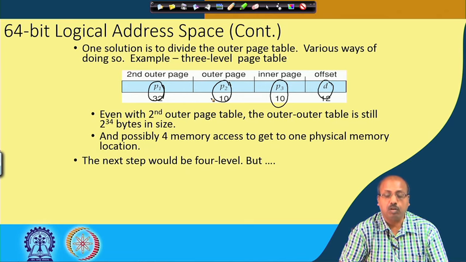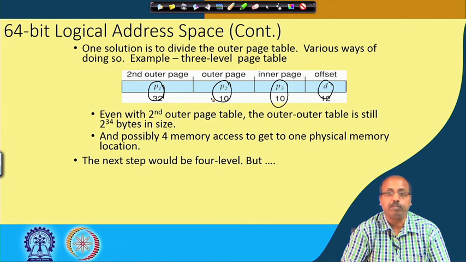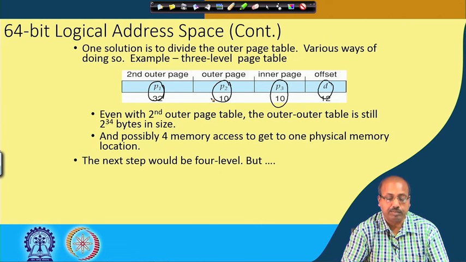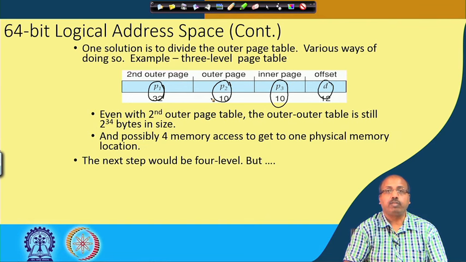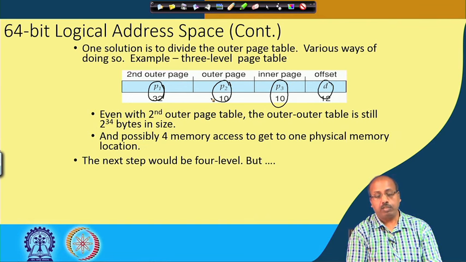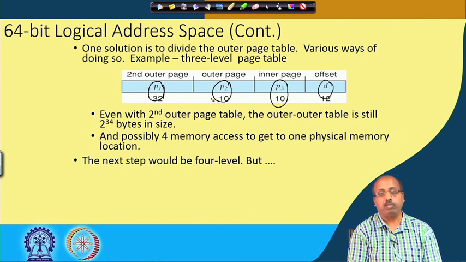This way it can go on, and the next level will be 4 levels. Even if this is considered a high amount of contiguous space, we can go for 4 levels, but again the number of hops or steps in accessing a particular memory location keeps increasing further.